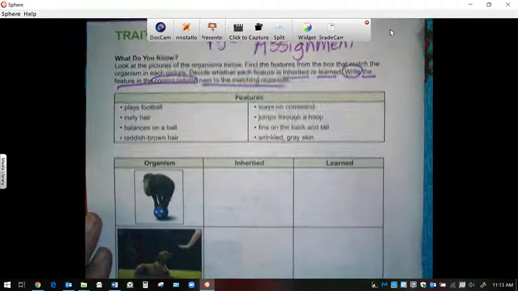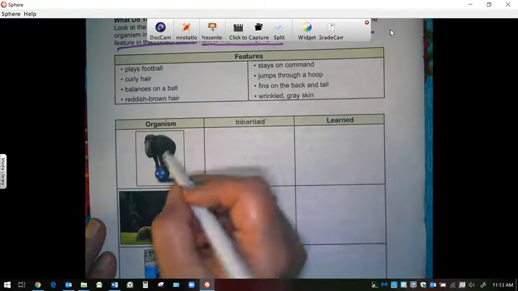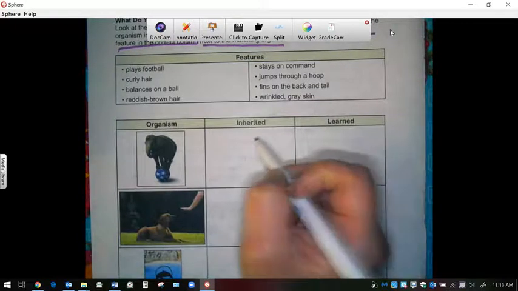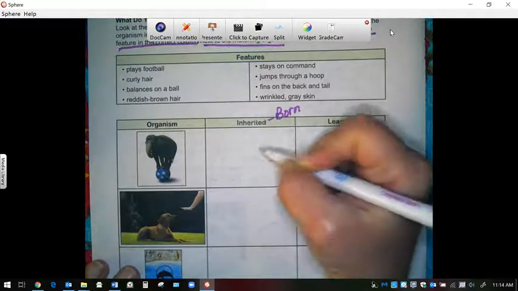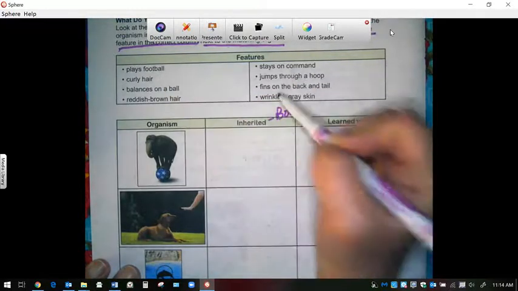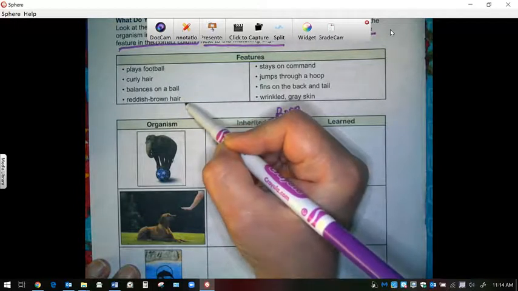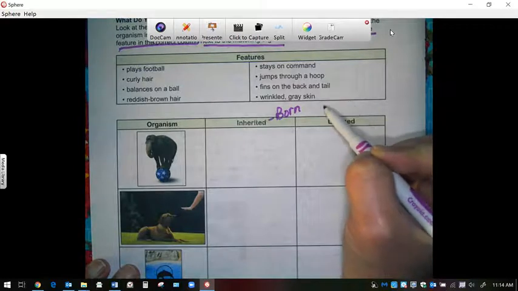All right, so together I'm going to look at the first one, and we see that it's a photo of an elephant on a ball. So inherited, and remember, inherited means born. So if I read all my choices: plays ball, curly hair, balances on a ball, reddish brown hair, stays on command, jumps through a hoop, fins on the back, wrinkled gray skin.